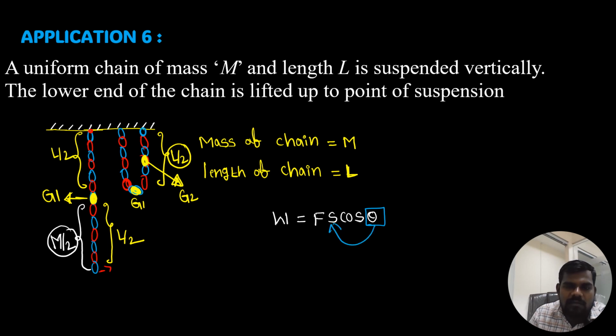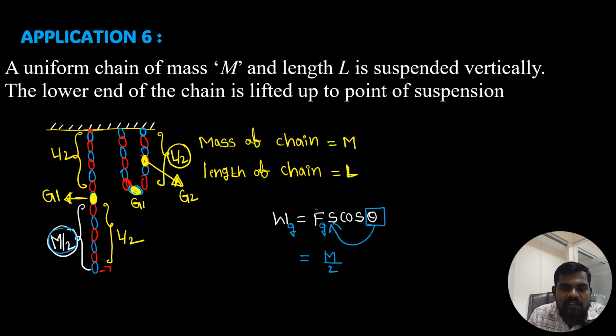Here we are finding the work done by the gravitational force, Wg, and the force Fg is mass into gravity. I will take the mass as M divided by 2. Why am I taking M by 2? Because the lower end of the chain is lifted, so only half the mass is lifted in this case. Then M by 2, and s is the displacement, which is the height.